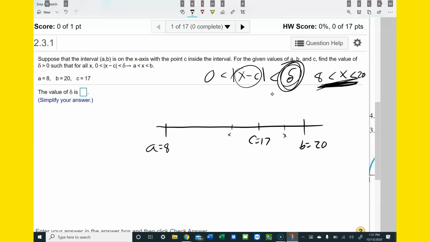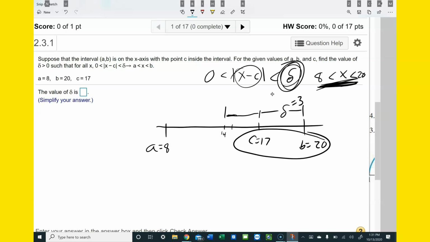Well, you're going to base that on the closer endpoint, right? What value of delta going away from c will ensure that we stay between 8 and 20? Since 20 is closer, use that. This would be the delta. So it's really simple. What is delta? Delta is 3. That will ensure that we stay. Even if we go this way by 3, that would put us at 14, right?